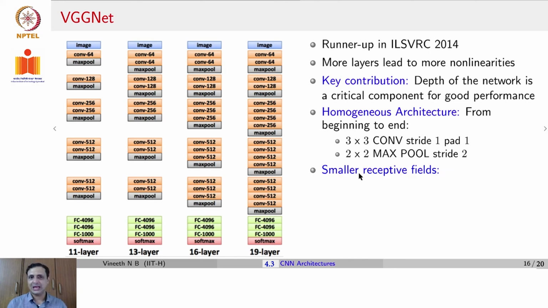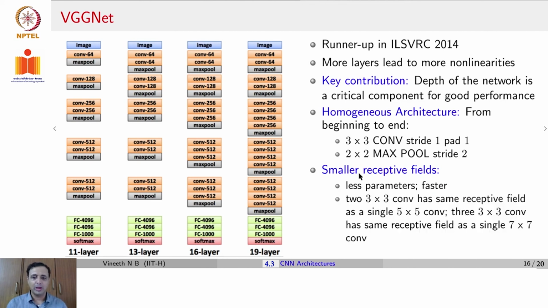Their main idea was that a smaller receptive field means fewer parameters, which means if you have a 3x3 filter, there are fewer parameters to learn. More importantly, two 3x3 convolutions done in sequence have the same effect as one 5x5 convolution. When you do one 3x3 convolution, you get an output.